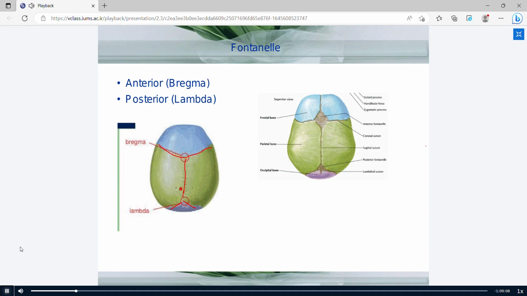In the embryological period, and even after birth, these locations are soft tissue. Finally, these locations must be closed within 1 year of birth. This is the location of bregma, and this is the location of lambda.